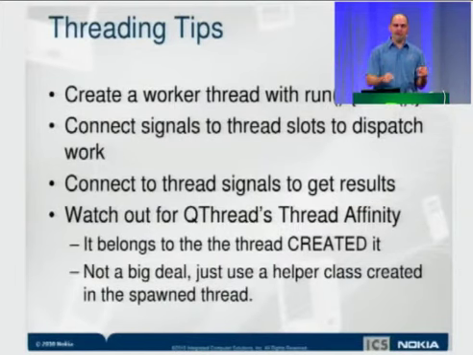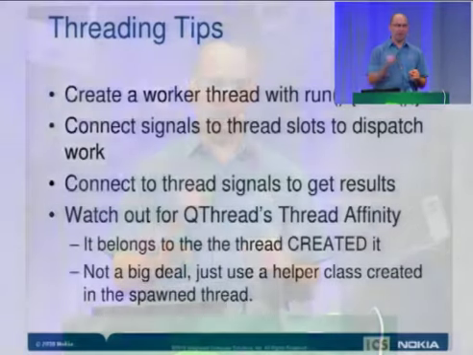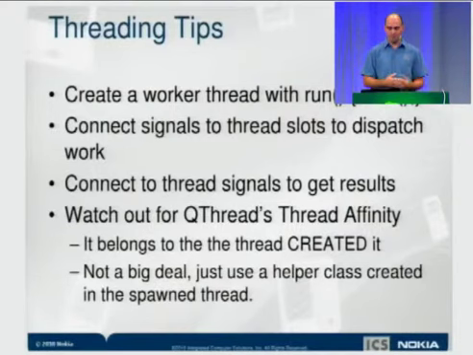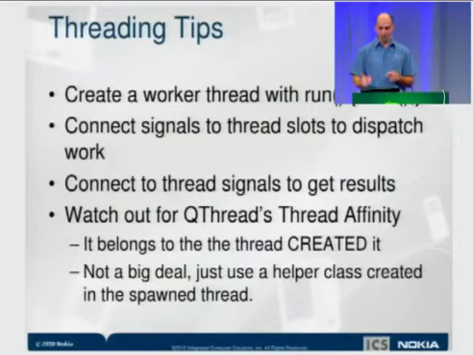The QThread class itself belongs to the thread that created it, not the thread that it spawns. So if you connect signals and slots to it, they're probably not being run in the thread you think they're being run in. So the way around this is to use a worker proxy, where you create another object that is going to be created in the context of the spawned thread. And here's an example of that.